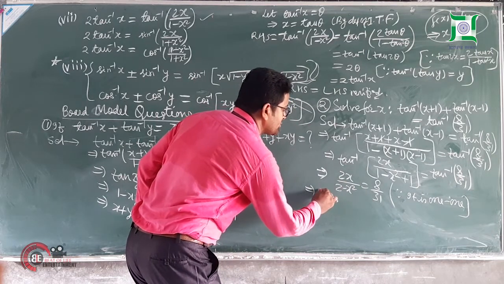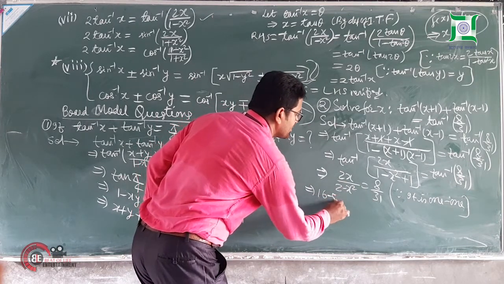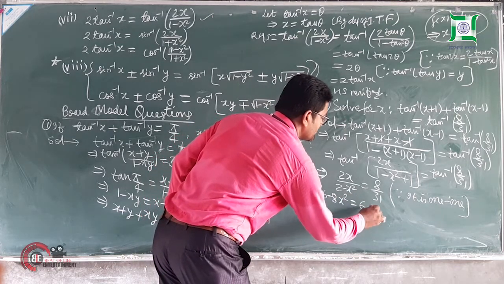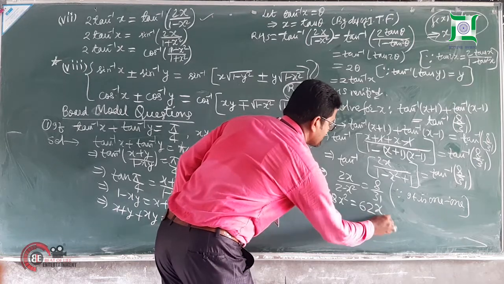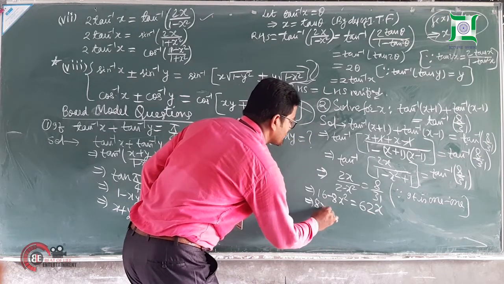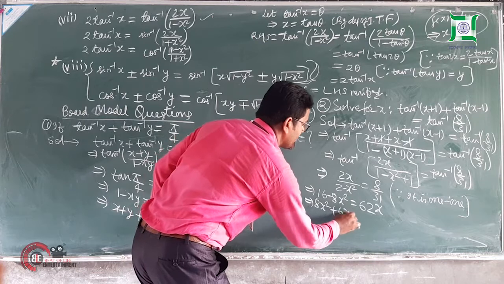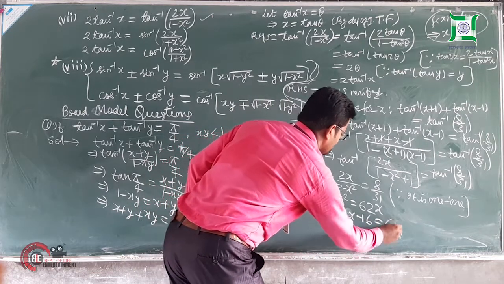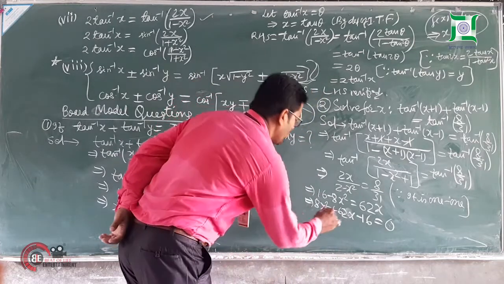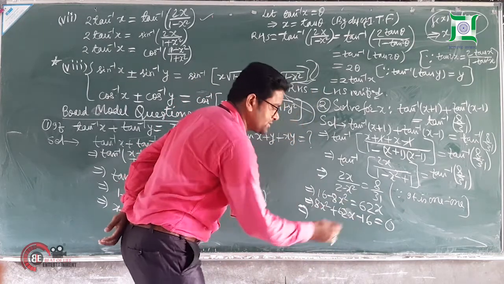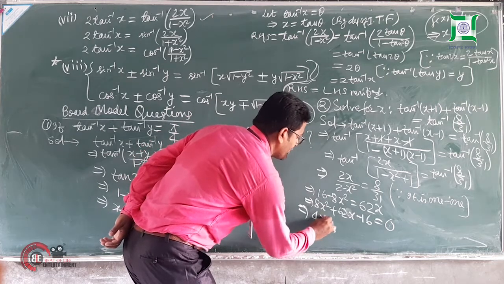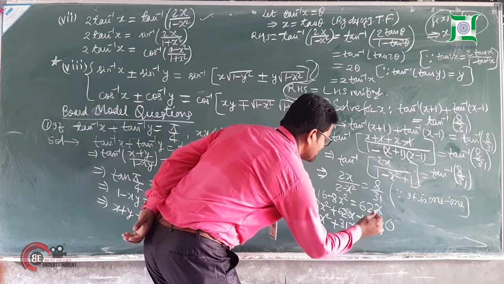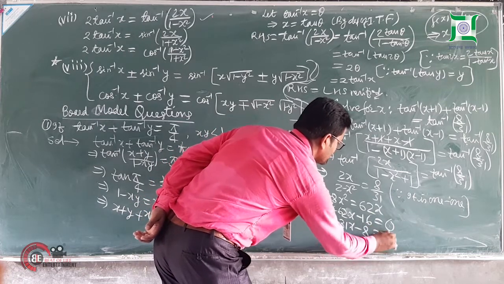It will be 8 into (2 minus x square), that is 16 minus 8x square, is equal to 62x. Now you have got 8x square plus 62x minus 16 is equal to 0. Now you can divide by 2 on both sides. It will be 4x square plus 31x minus 8 is equal to 0.